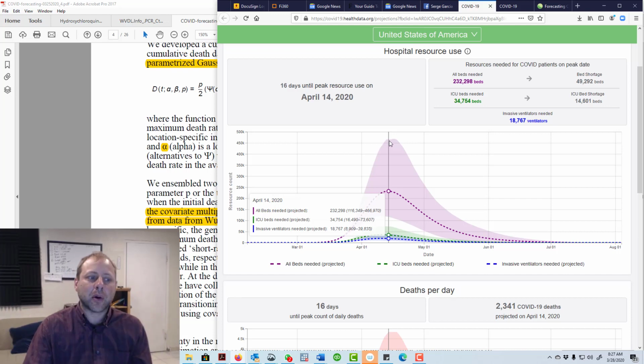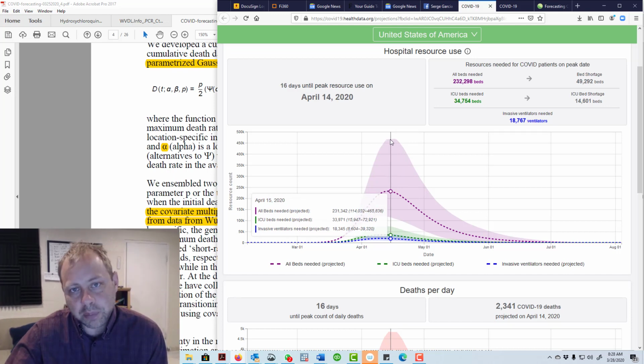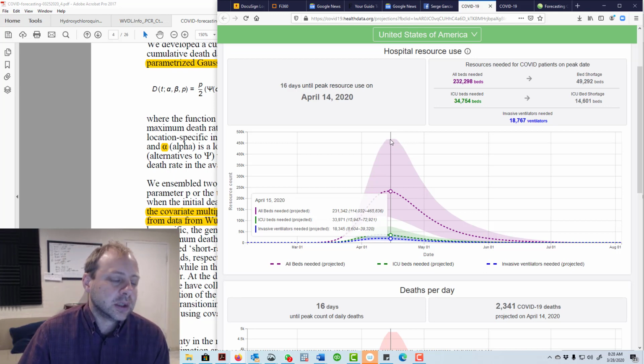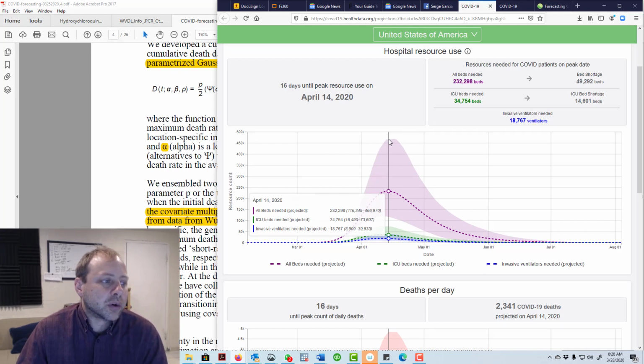So when we talk about worst case scenarios and best case scenarios, this guy up top here, in our case, is the worst case scenario. Often in different models the peak is positive. In this case, the peak is not good. And so we could be up as high as 450,000, right? So when you hear the number that the highest number of people that are going to be hospitalized is 450,000, this is what you hear on the nightly news, right?